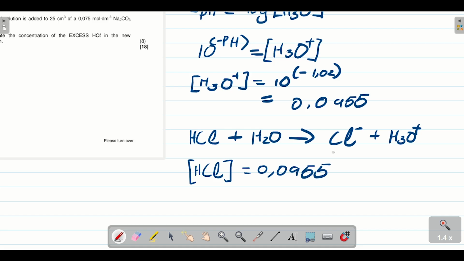Normally we would be given the volume of the hydrochloric acid, but we haven't been given that in this case, and therefore it's okay to just assume there's a 1-to-1 relationship in terms of concentration because not enough information was provided. So we'll have 0,0955 moles per decimeter cubed.